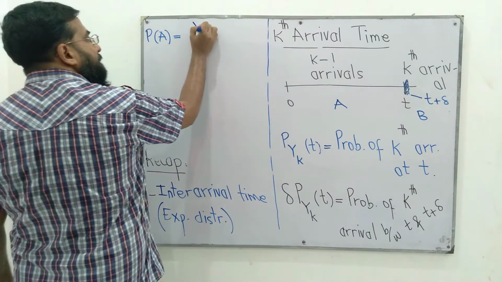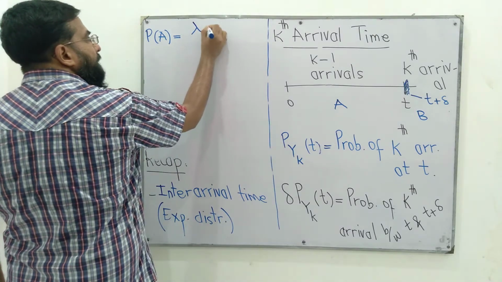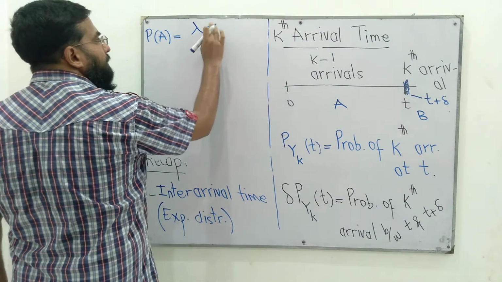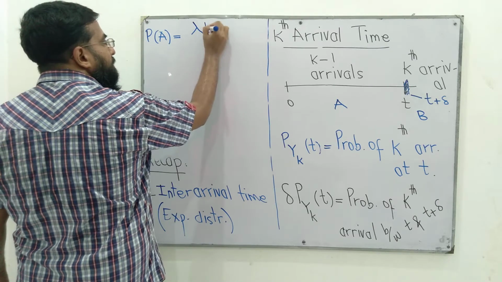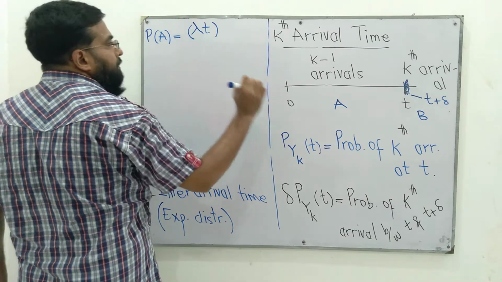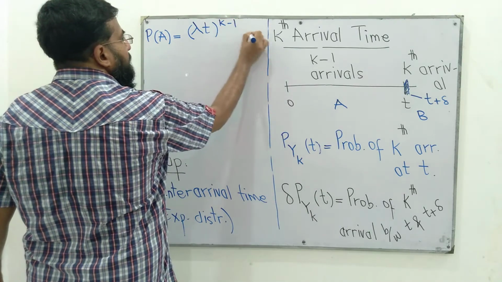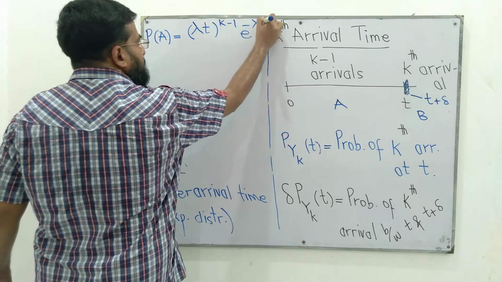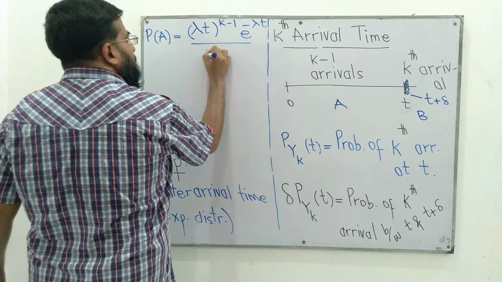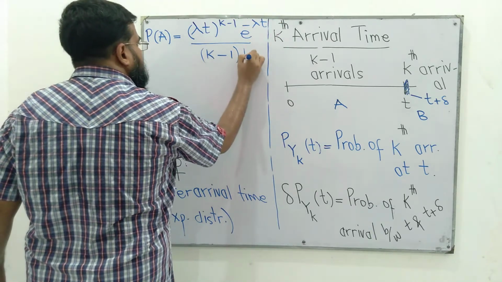The Poisson PMF can be written as (lambda t) to the k minus 1 times e to the minus lambda t over the factorial of k minus 1.